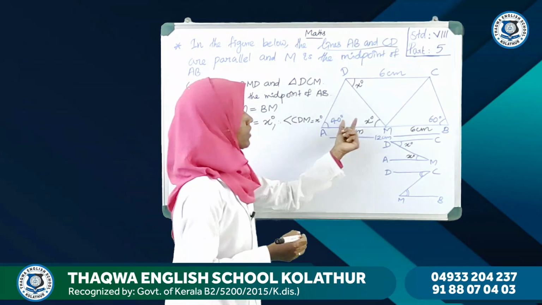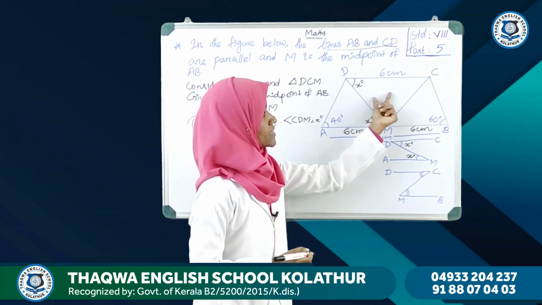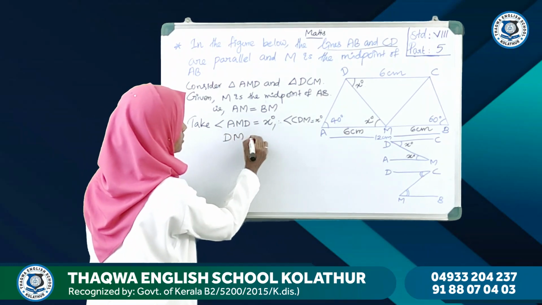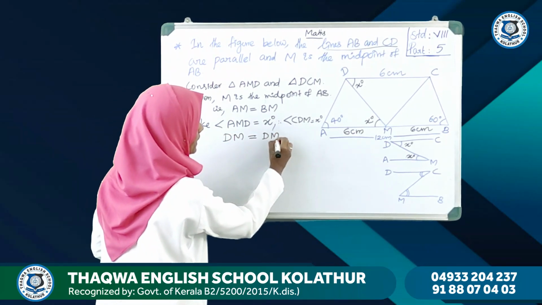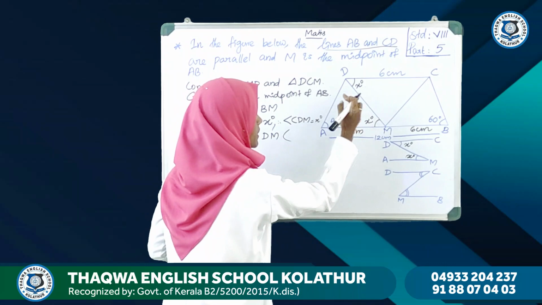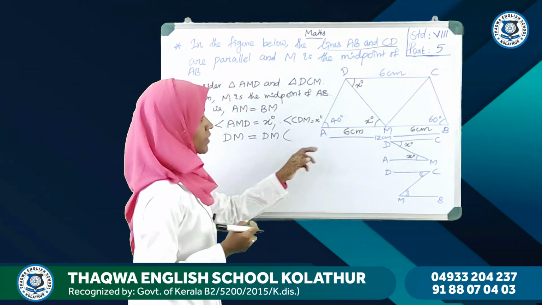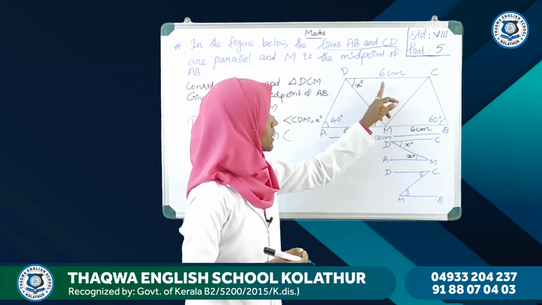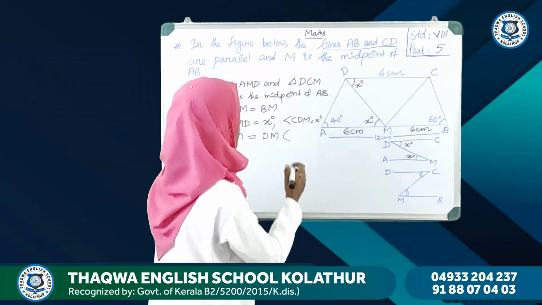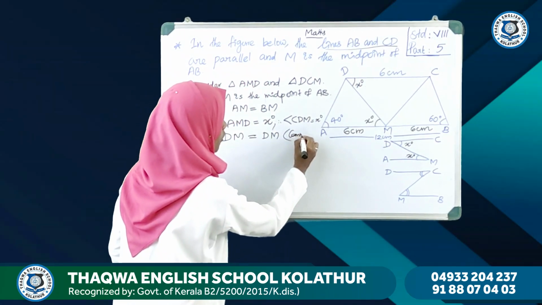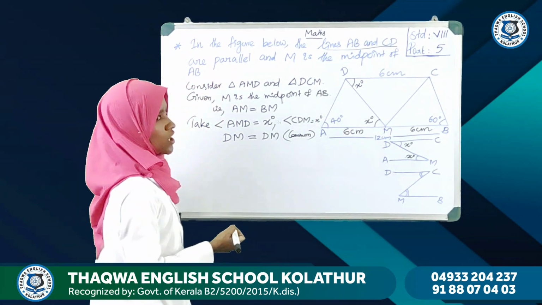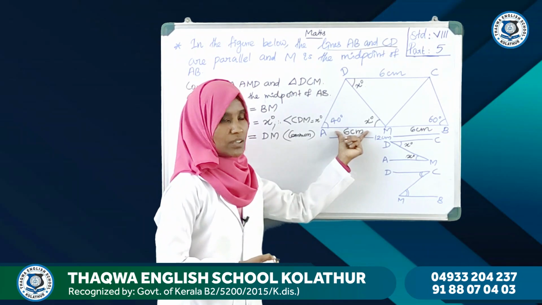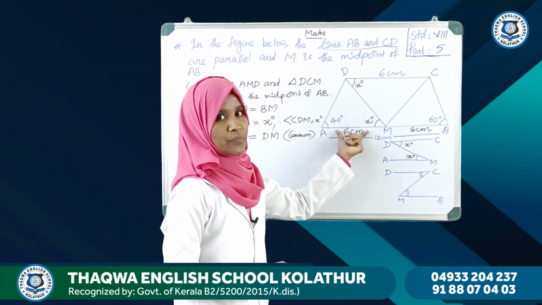Now consider these two triangles. We can write DM equals DM, from triangle AMD and triangle DCM. This is the common side of both triangles. Now let us use the concept. What is the concept?